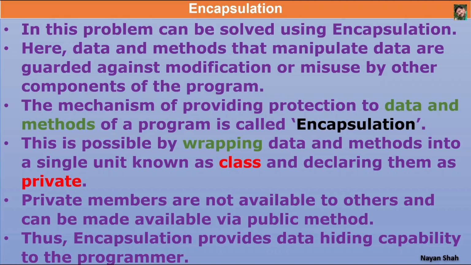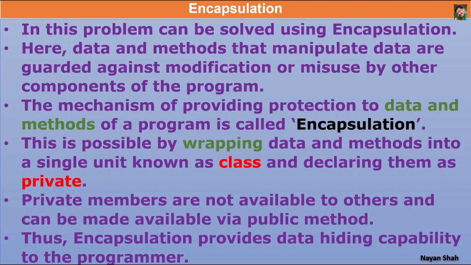Thus, encapsulation provides data hiding capability to the programmer. The programmer gets the chance to decide that this particular data cannot be accessed by any other part of the program, and can only be accessed by the class where it is defined, not even outside that class. So that is what encapsulation is.